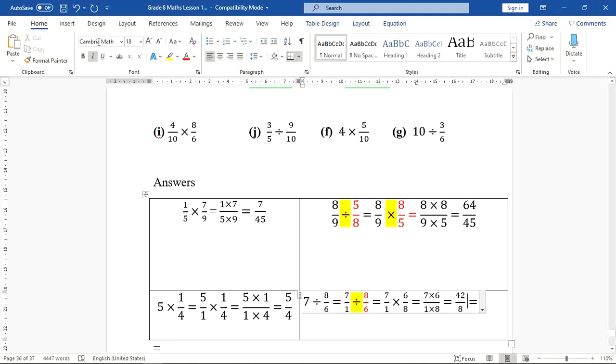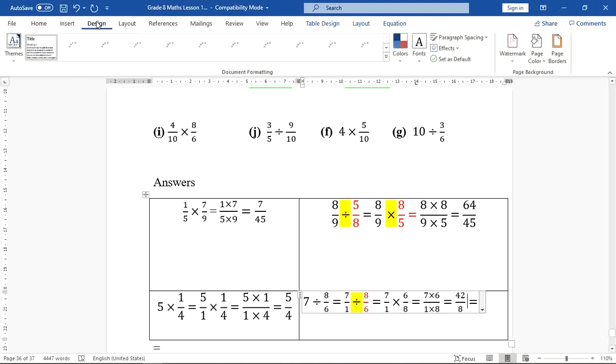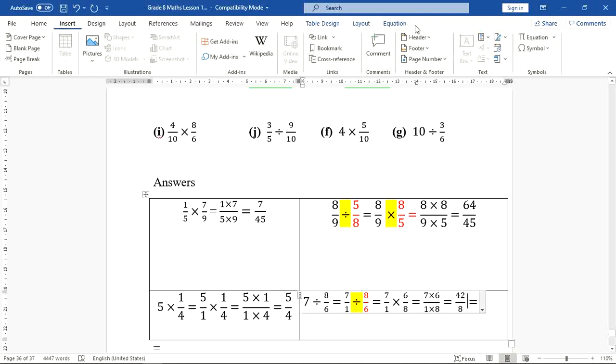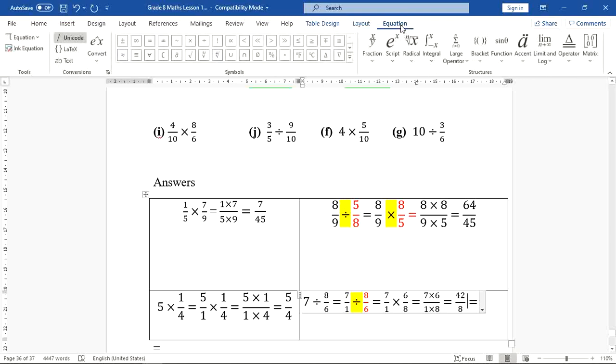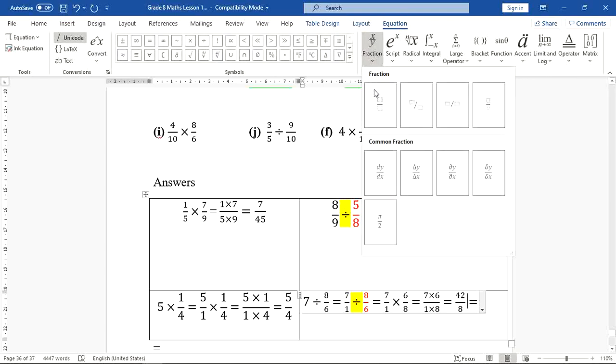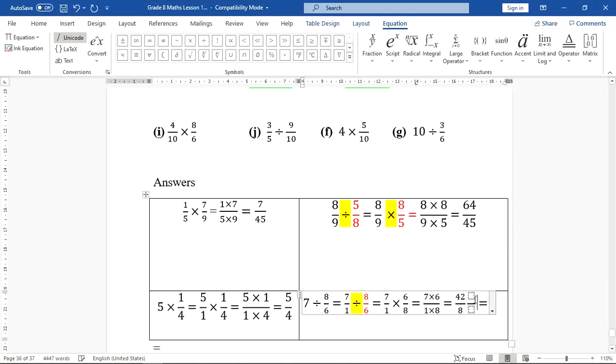So if we simplify that, it goes in 21 times, and it goes in 4 times. Okay, so that's the final answer. So 7 divided by 8/6 is equal to 21/4.